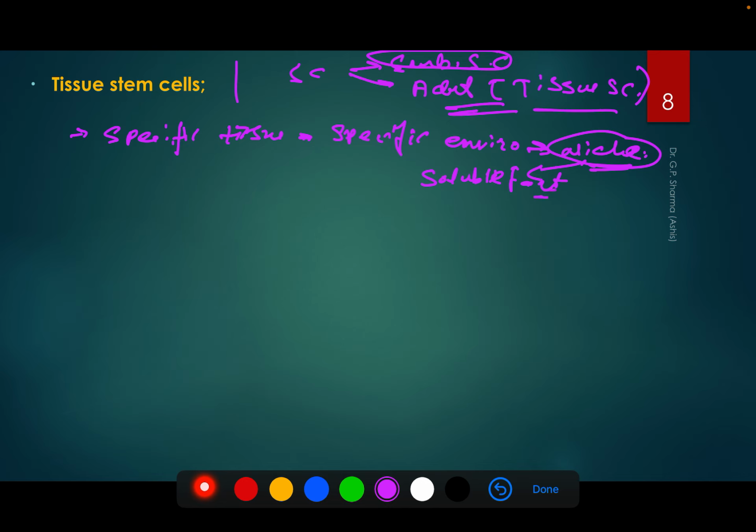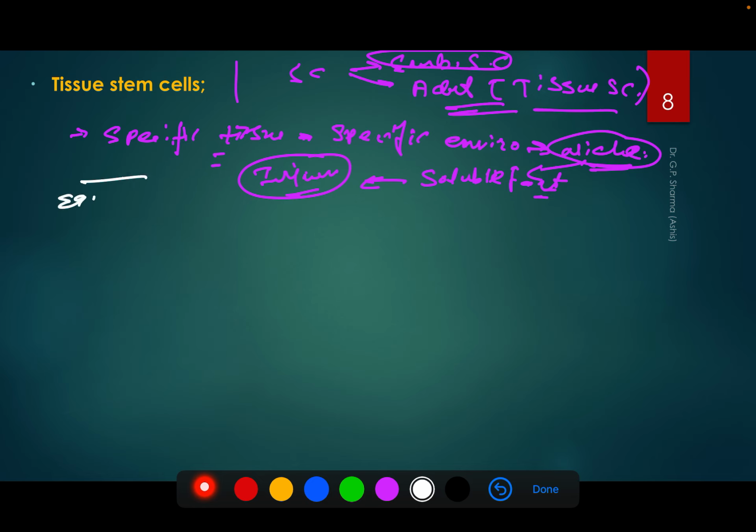And these cells do not divide until we need them. For example, if we have an injury to the organ, then only we need these cells to divide. Otherwise, they are protected by the soluble factors in the specific environment in the tissue, that is called what? Niche.